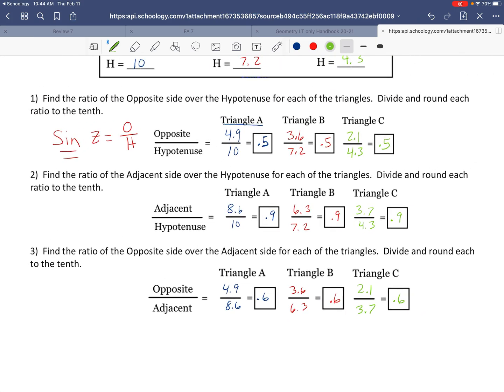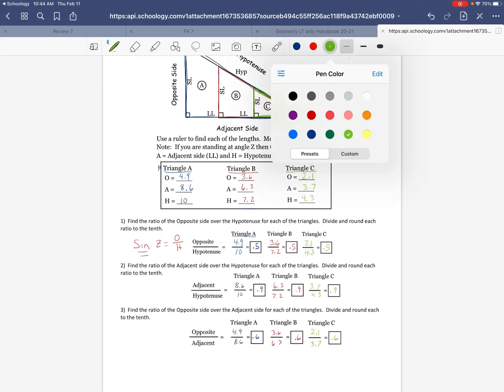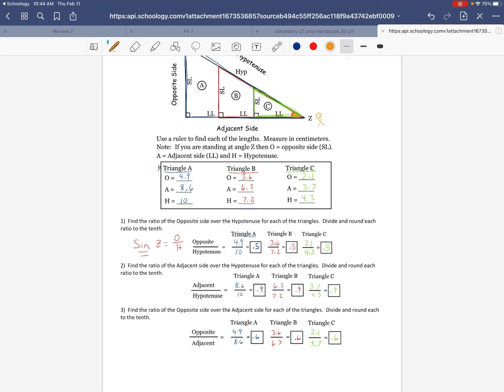So let's analyze this. We can see that when we're standing at this angle, right here at Z, if I take the adjacent side over the hypotenuse side, adjacent side is here, over the hypotenuse side here, I keep getting this ratio of 0.9. So they realized that any size triangle with this given angle, by angle-angle similarity, any triangle will have this ratio of adjacent over hypotenuse to be the same as 0.9.